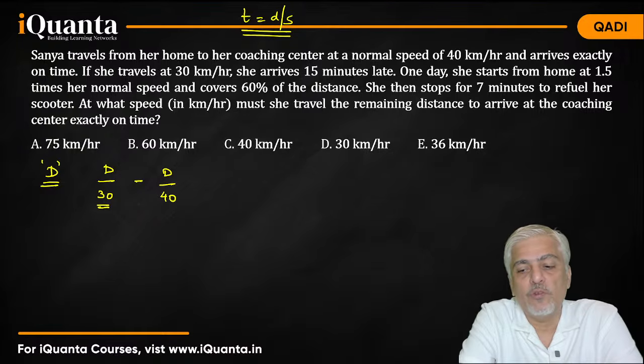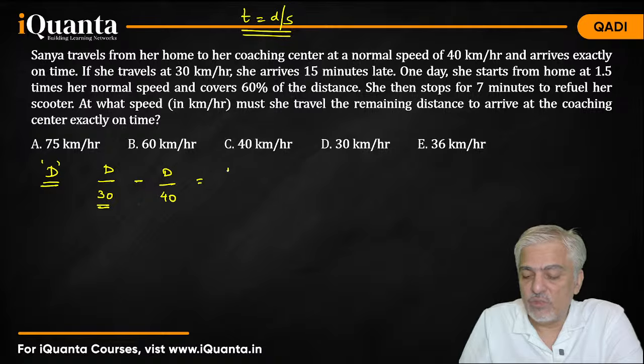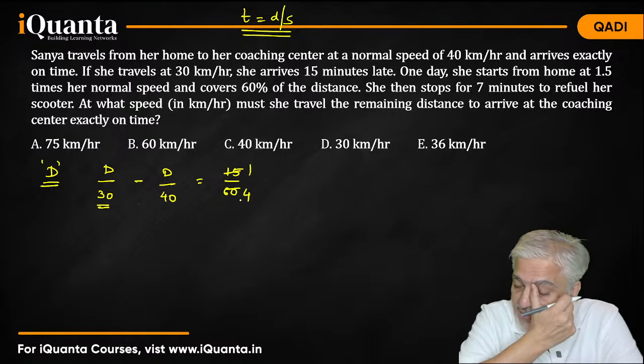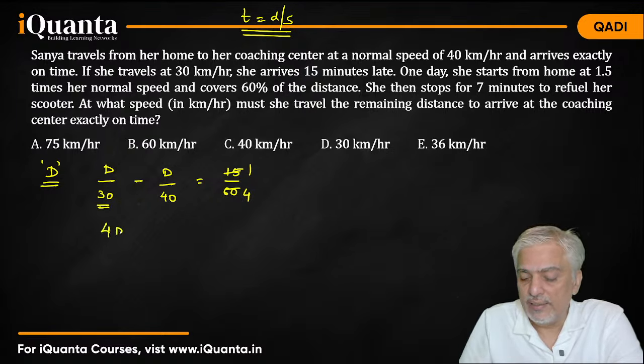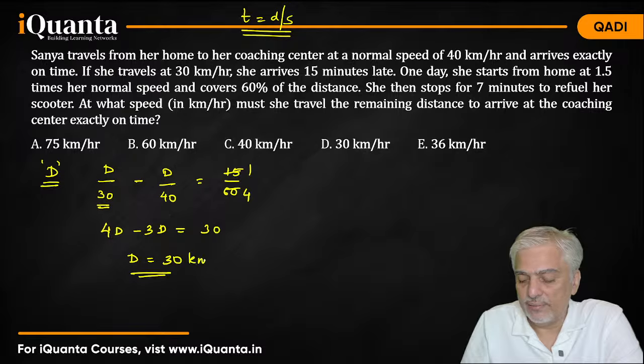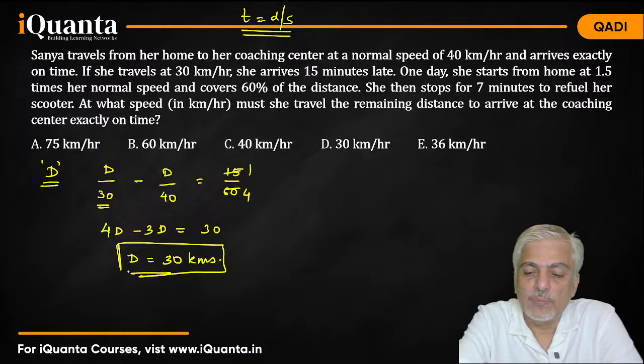When she travels at 40, time taken is d by 40. And this difference is given as 15 minutes, which is 15 upon 60, 1 by 4. Okay, LCM will be 120. So, multiply by 120, we get 4d minus 3d is equal to 30. So, d is 30 kilometers. We got the first part, d is 30 kilometers.